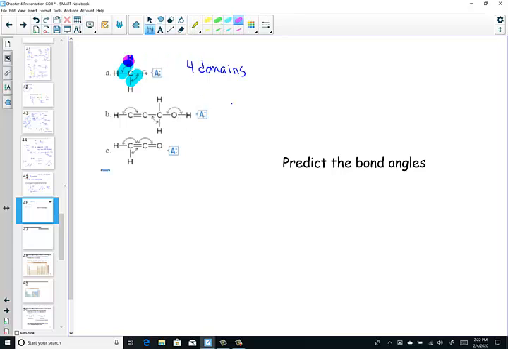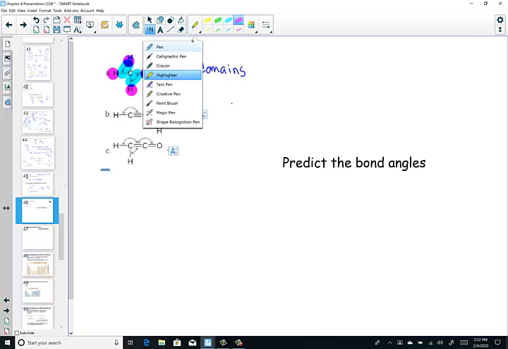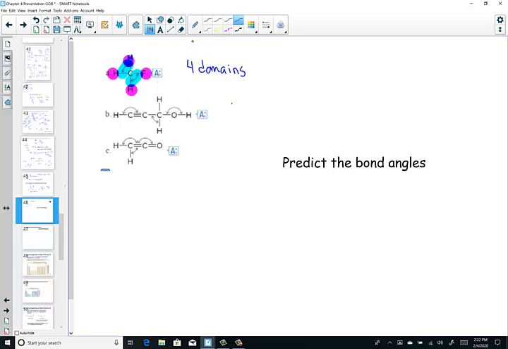It's leading to 1, 2, 3, 4 things. Domains can be atoms or lone pairs. So of the 4 domains, all are leading to atoms, 0 are lone pairs. So your VSEPR count 440 is tetrahedral. And therefore we know that the bond angles are going to be 109.5.